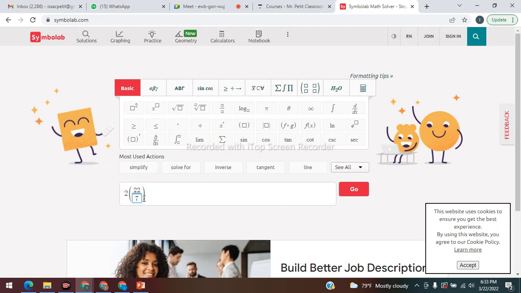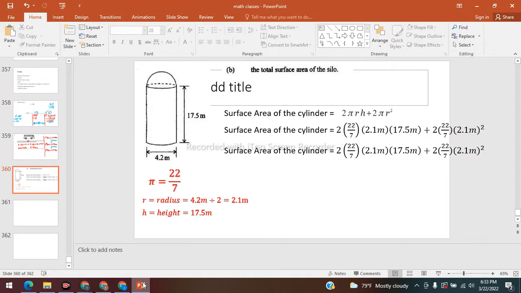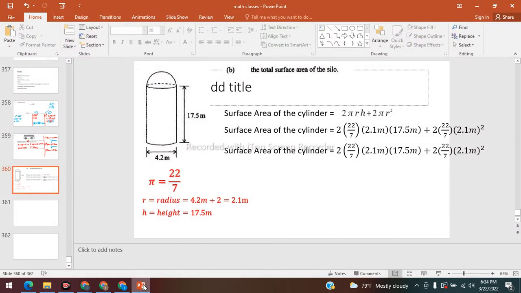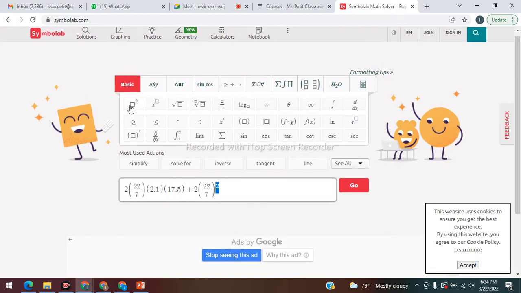22 over 7 times 2.1 times 17.5 plus 2 times 22 over 7 times 2.1 squared.